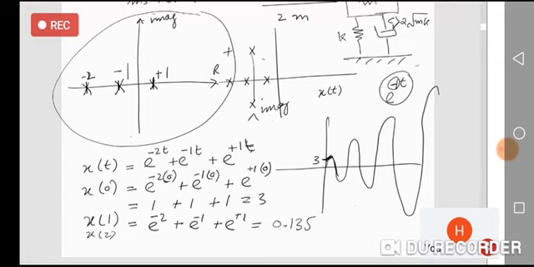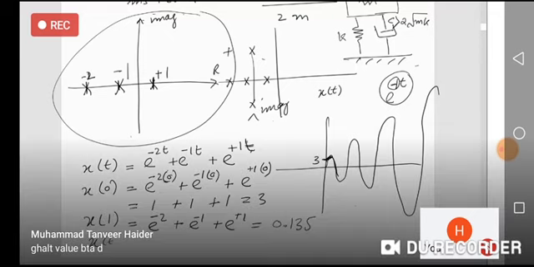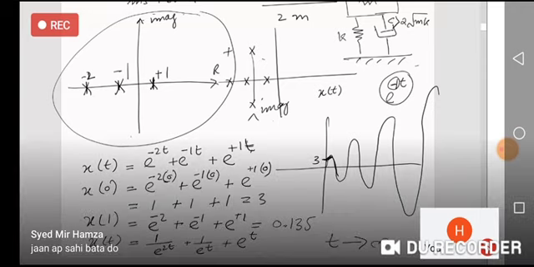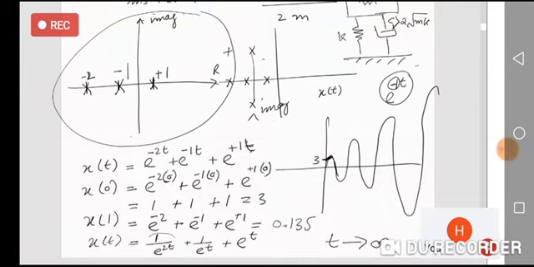What you realize, ठीक है? क्योंकि देखिए इस इक्वेशन को I can write it like this: x of t is equal to 1 over e raised to the power 2t plus 1 over e raised to the power t plus e raised to the power t. Now you can imagine as t value increases, as t value approaches towards infinity, what happens to these two values?